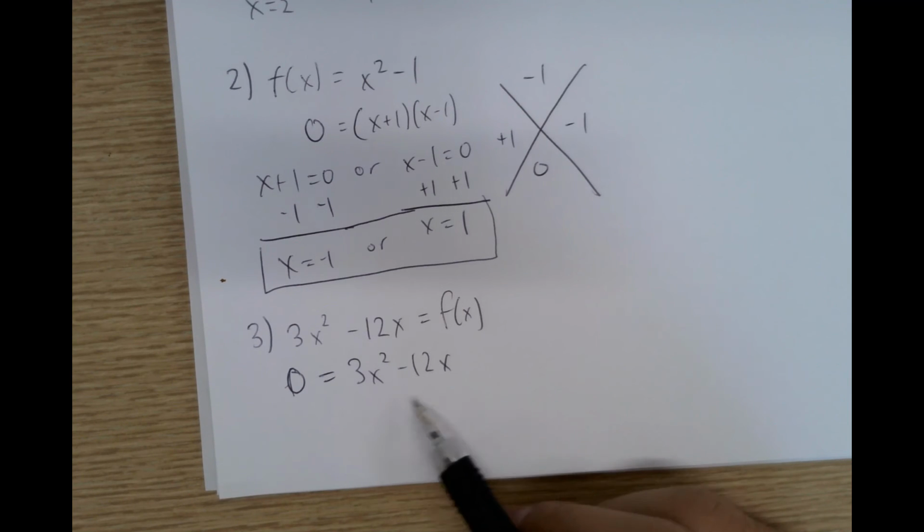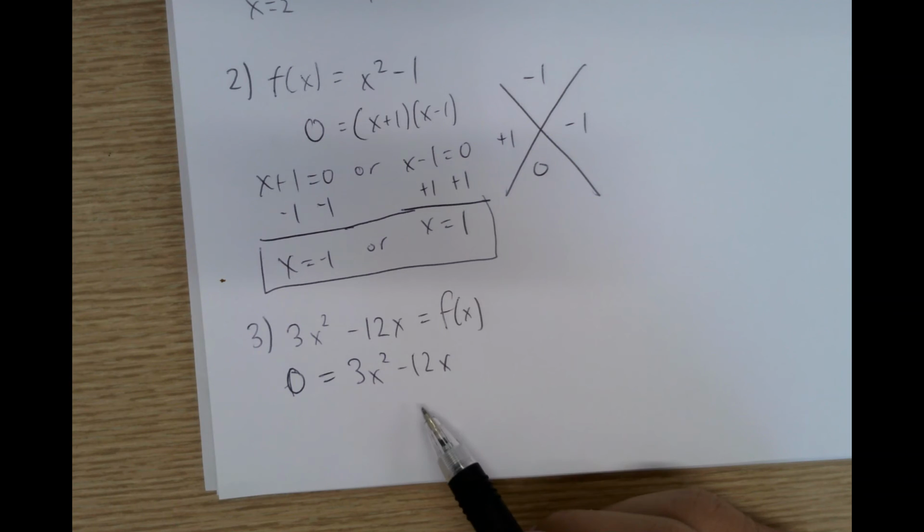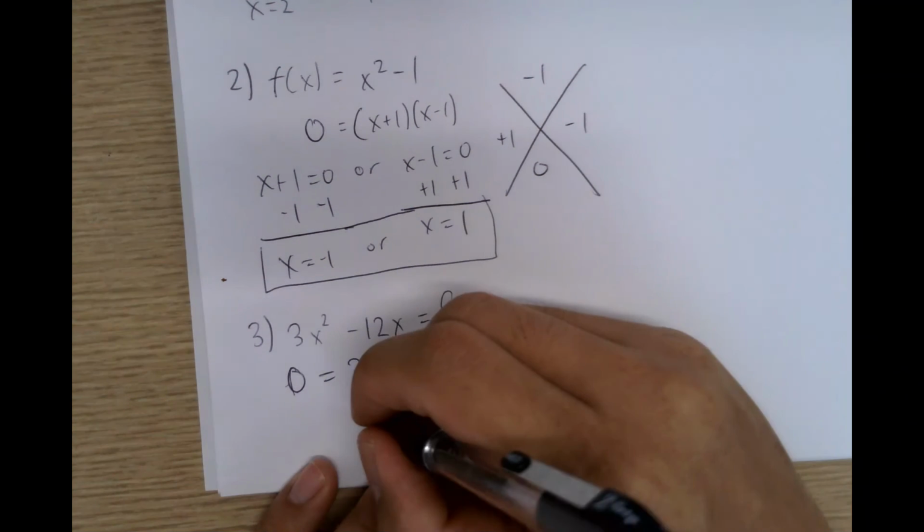So we want to see what is in common with both the 3x squared and the -12x, right? Think about which number is common in both of them, and then divide both of them by that. Okay. So in this case, what's in common is 3x.